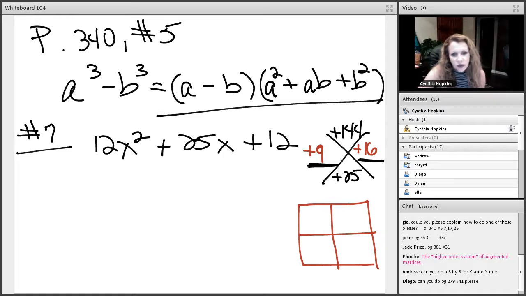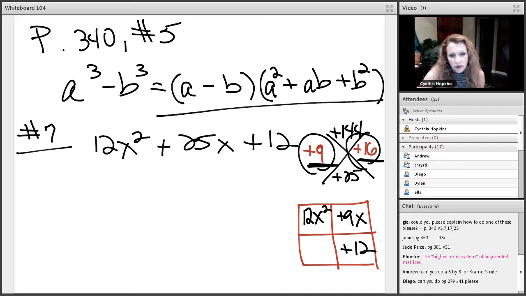If this is new to you, you put the 12x squared in the top left box. You put the plus 12, the first term and the third term, in these two boxes. And then the plus 9 and the plus 16, I put in the other two boxes. So here I'm going to write plus 9x, of course putting the x from that middle term, and then plus 16x.